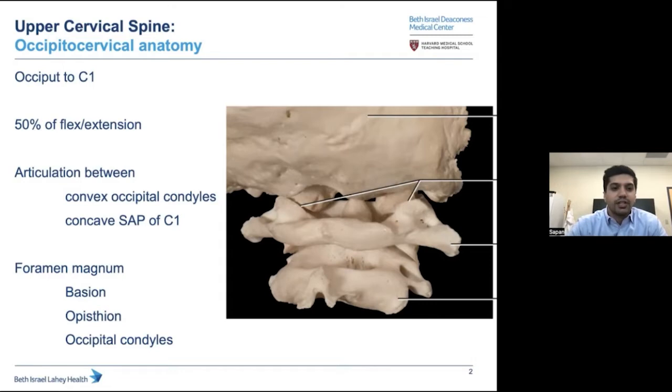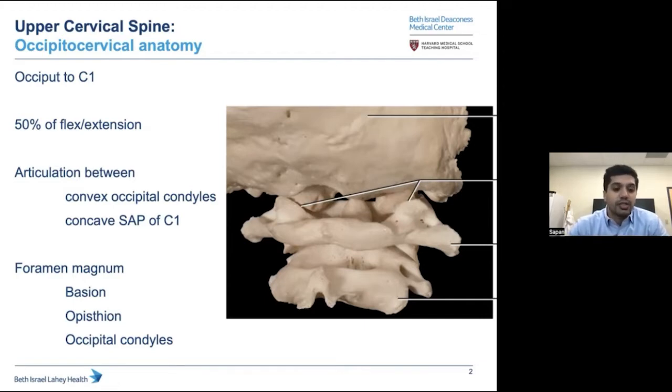The OC joint is the articulation between the occipital condyles, which are convex in nature, and the superior articular process of C1, which is concave. So the skull almost sits like a ball inside of a bowl at C1.